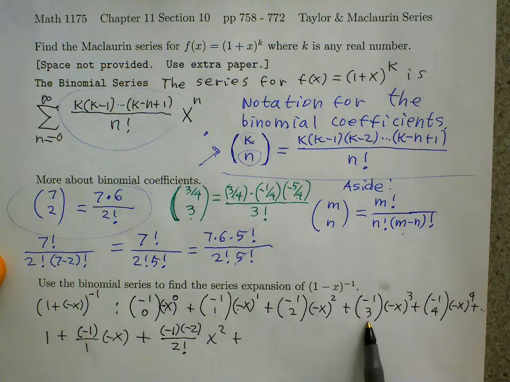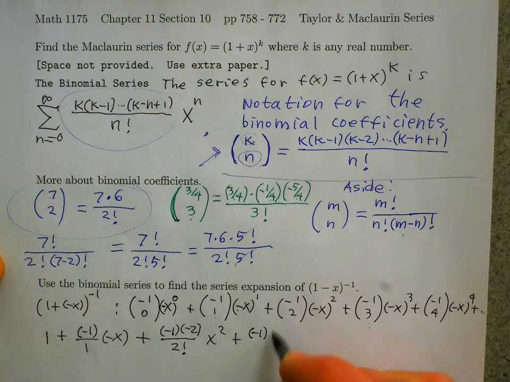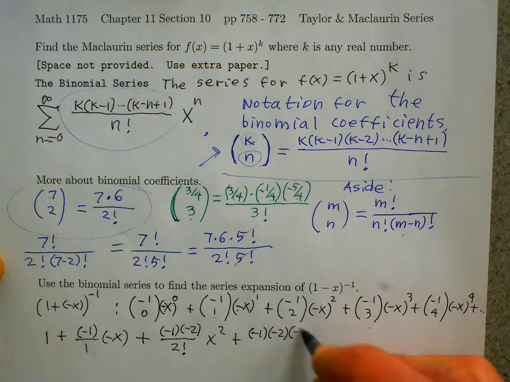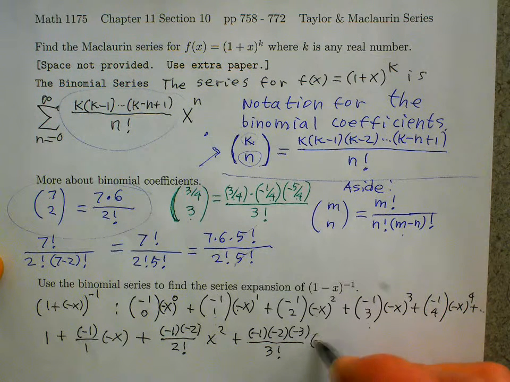Then the next term, negative 1, choose 3. What does that mean? Negative 1 times negative 2 times negative 3 over 3 factorial. And then negative x to the third is negative x to the third. We'll simplify further in the next step.